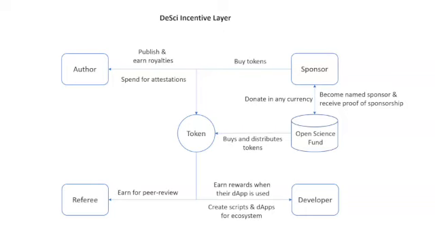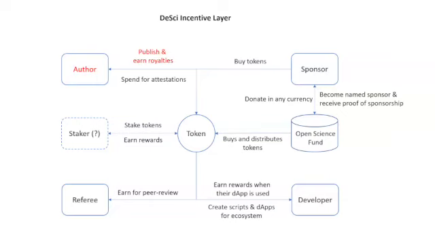And the Open Science Fund buys and distributes the tokens to the authors and the referees. The developers create scripts and dApps for the ecosystem, and they earn rewards when their dApp is being used. So that's the basic idea. There's probably also room in that system for stakers that I haven't really thought about much.